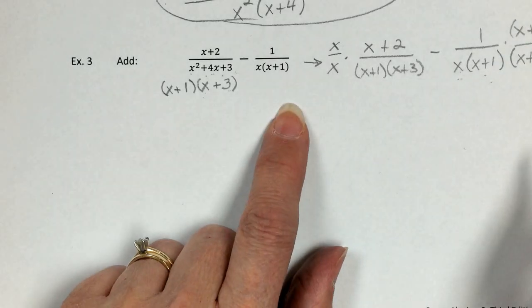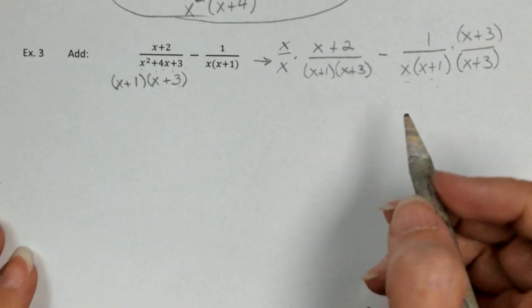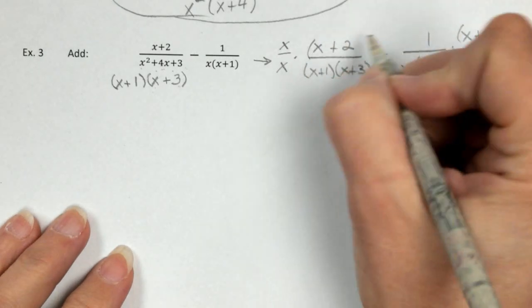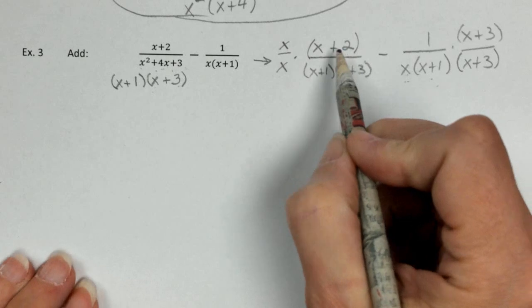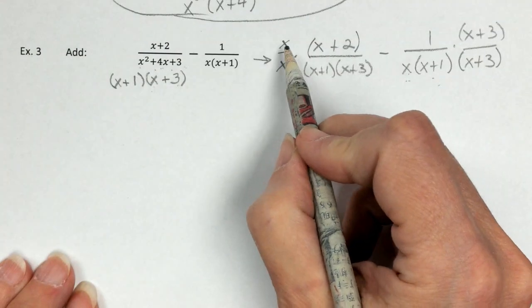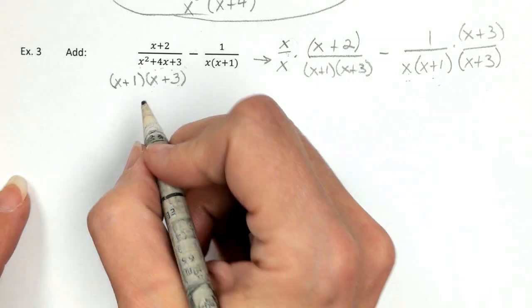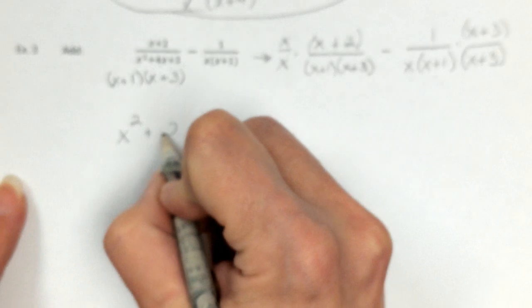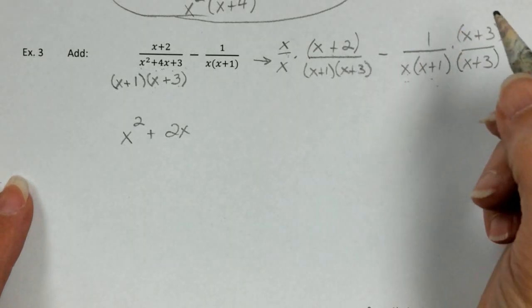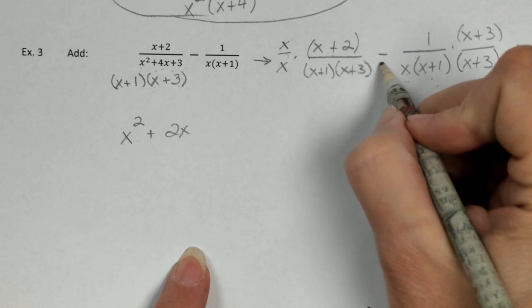Now they have the same denominators, and I can go ahead and multiply. Now this x plus 2 in the numerator, I'm putting in parentheses because that whole numerator is getting multiplied by this x. I have to distribute this x. So, x times x, x squared, plus x times 2 is 2x. Now I need to be careful with this next one because of that minus.